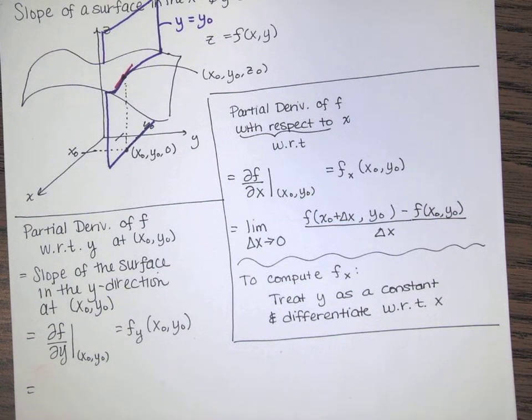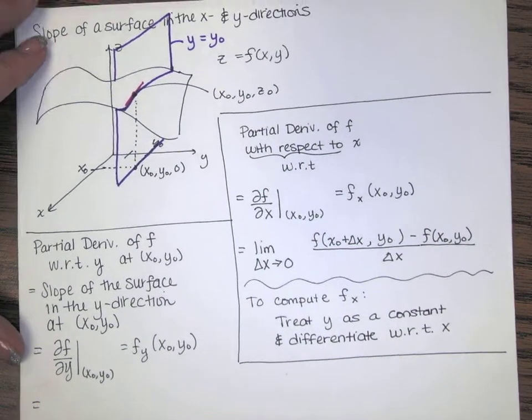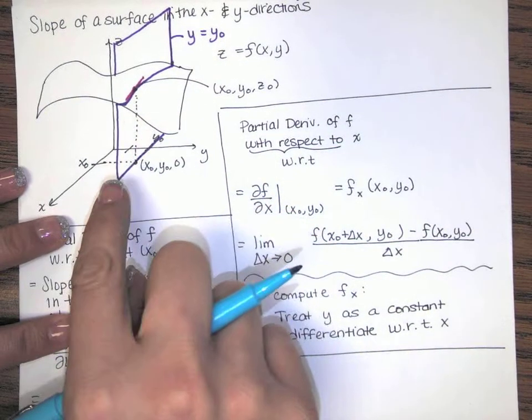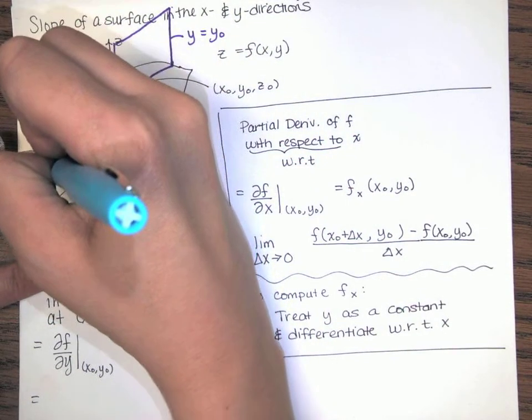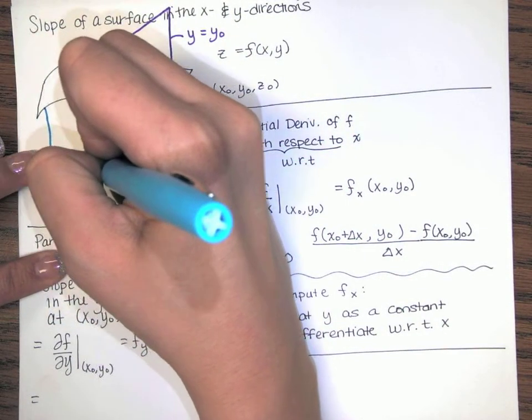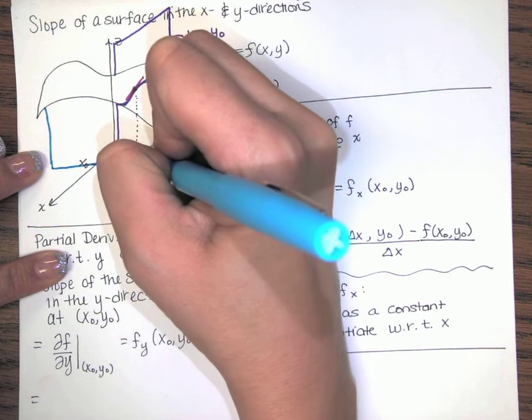Now let's draw a similar picture for the derivative with respect to y. Well, here I want to treat x as a constant. So I want to intersect this surface with the plane x equals x naught. Maybe my plane looks like this.